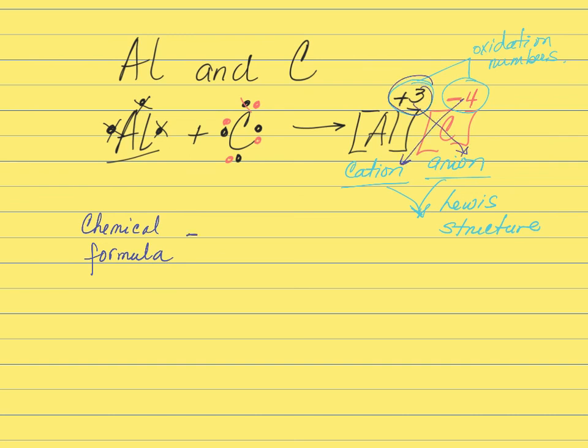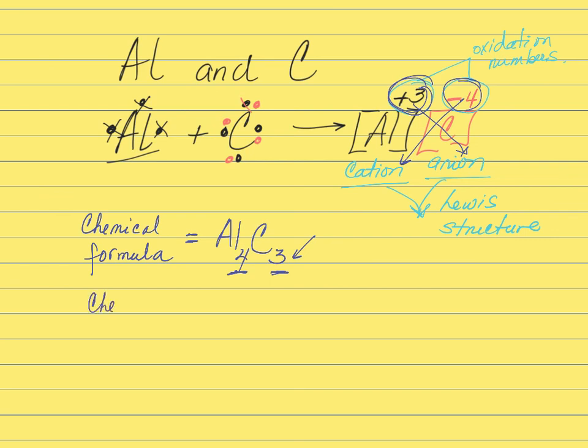And when you're putting them down, you are putting the numbers down without the charge. Remember, you go from the oxidation number to the number of atoms that are involved in the compound. For 4 atoms of aluminum, you're gonna need 3 carbons. This is the chemical formula.